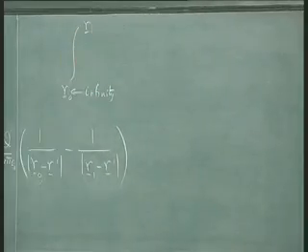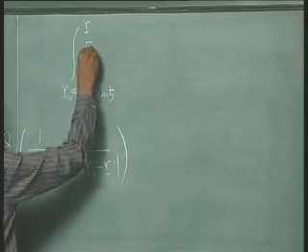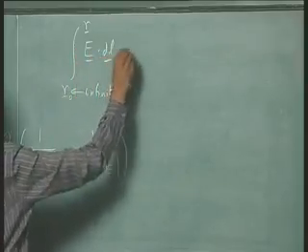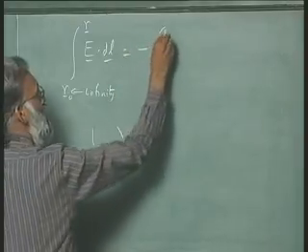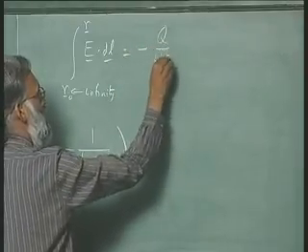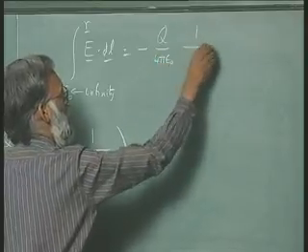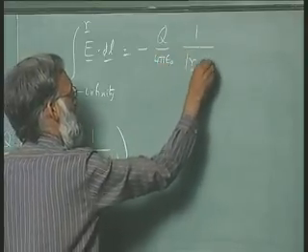Now, I am going to just call it r. The integral of E dot dl is equal to minus q over 4 pi epsilon naught 1 over the magnitude of r minus r prime.